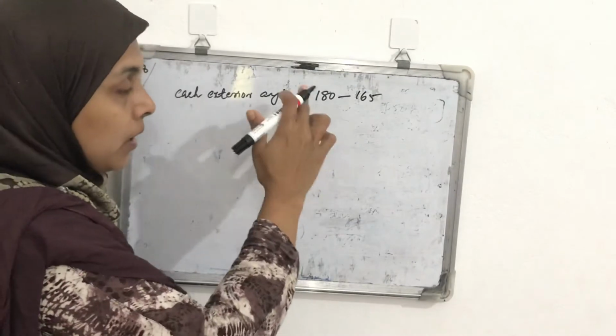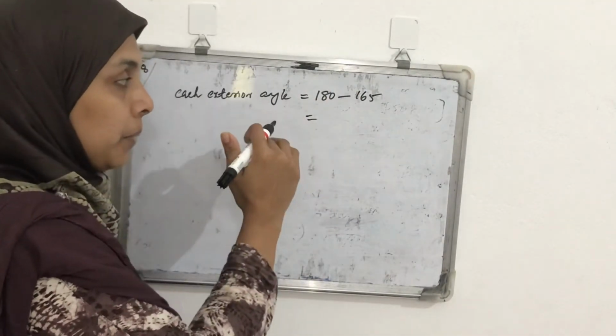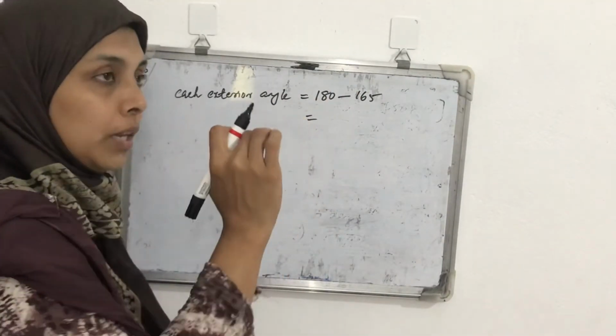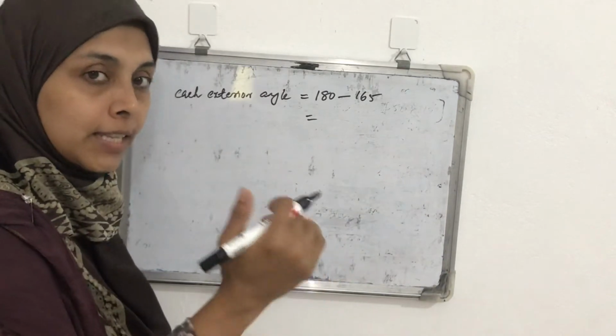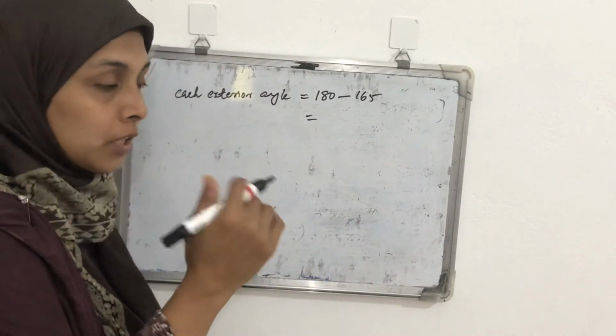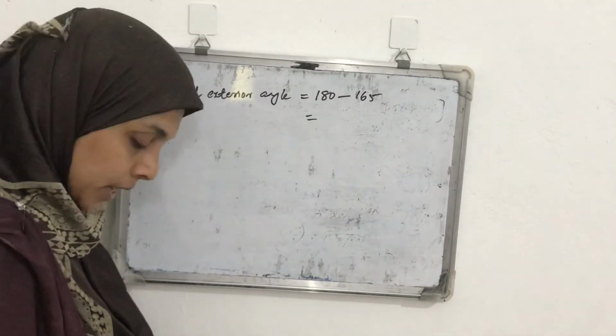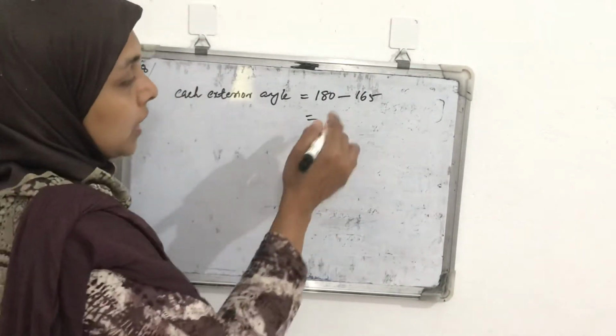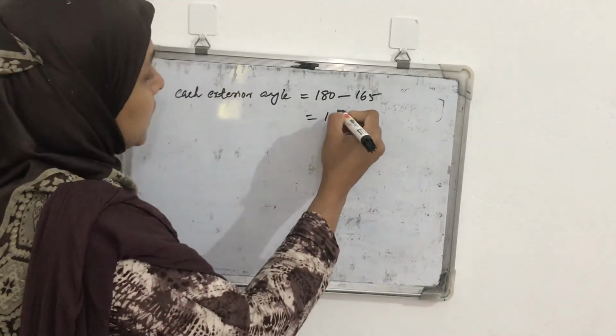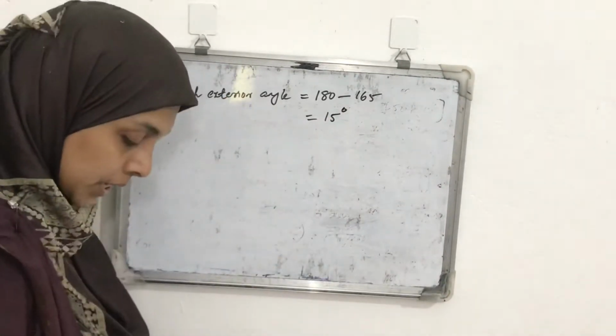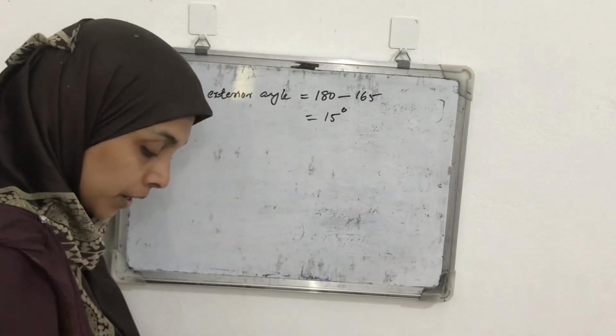For a linear pair, we know the sum of the interior angle and exterior angle will be 180. So to find the exterior angle, we subtract 180 minus 165. So each exterior angle will be 15 degree. Now what do we want to find out?